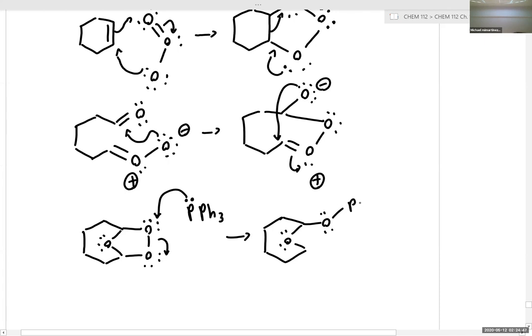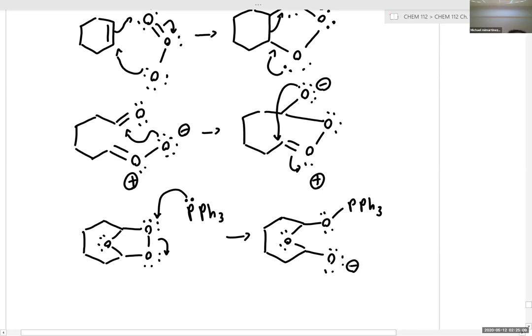Triphenylphosphine is a typical reducing agent, and in our discussion of thermochemistry, triphenylphosphine is a wonderful reducing agent for peroxides and other species because it generates a very strong phosphorus-oxygen bond.